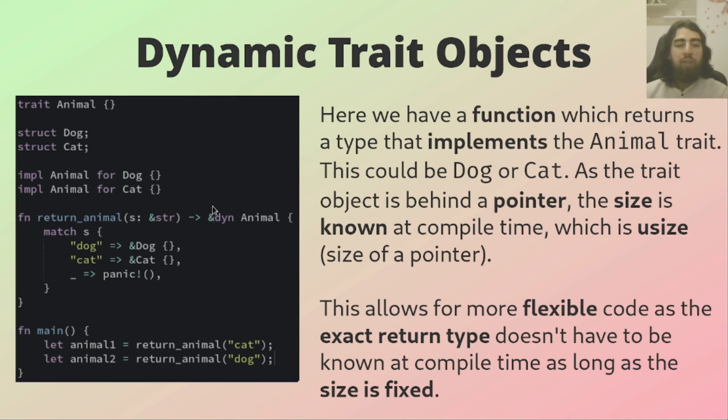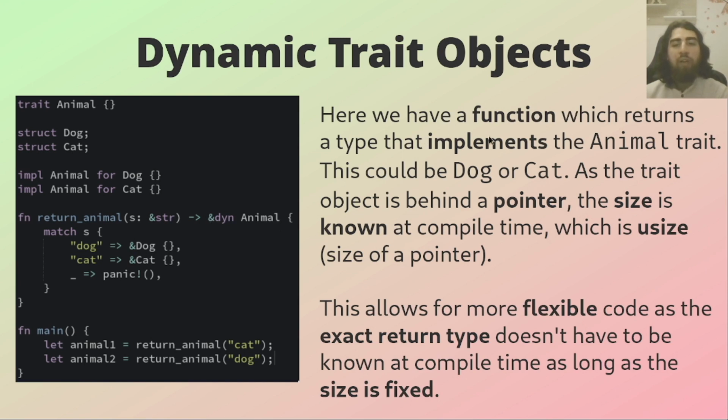So the size of the return type is known at compile time. It's of size usize, right? Because we are here returning a pointer, meaning it doesn't matter if dog is bigger than cat or otherwise, it's always the same size, because pointers have a fixed size at compile time. And that is how we would solve this problem.